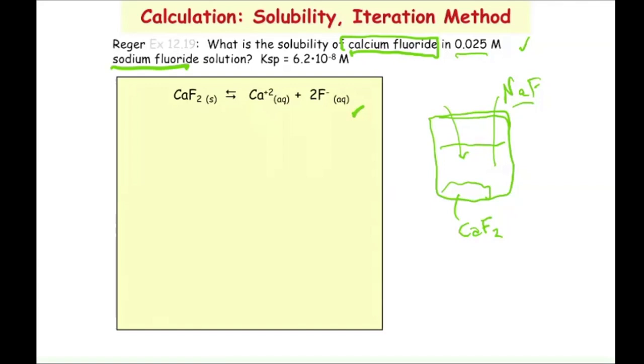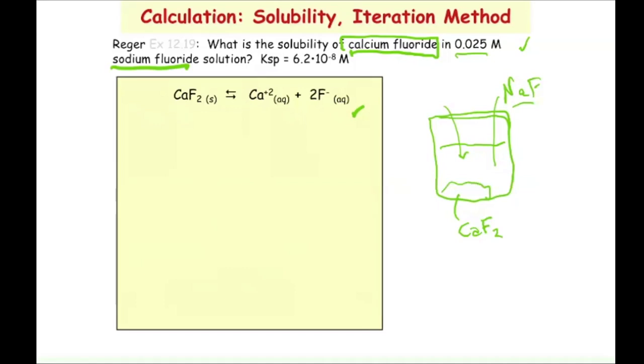And you got to know that, as you'll see in the next example, it's not always true that when you put in a salt, maybe you have to deal with a secondary reaction. But this one, no problem, because salts are soluble in water up to the solubility limit.